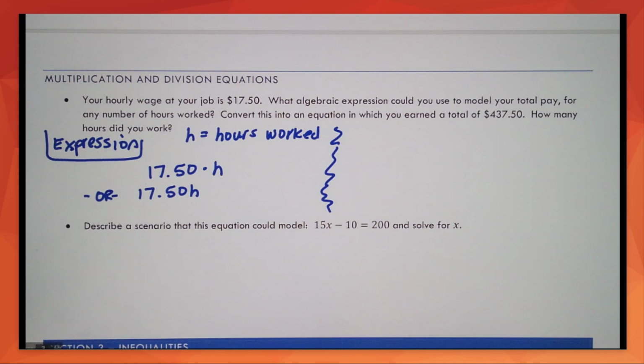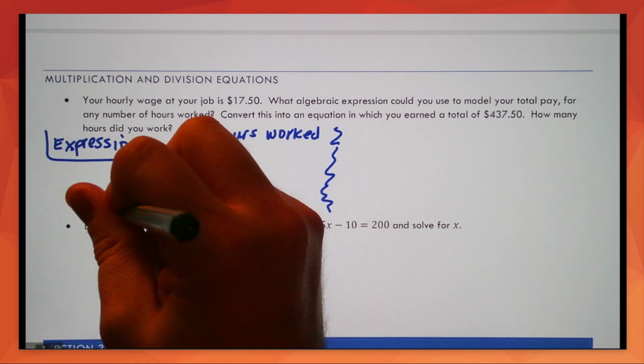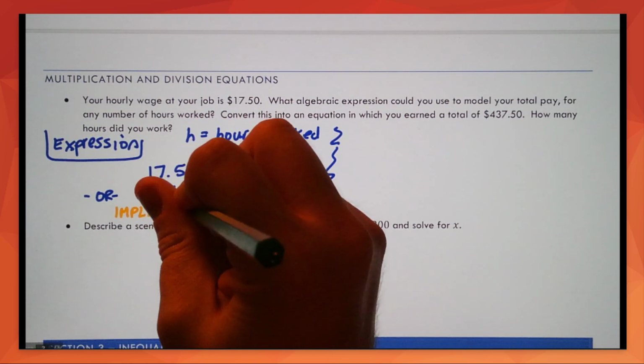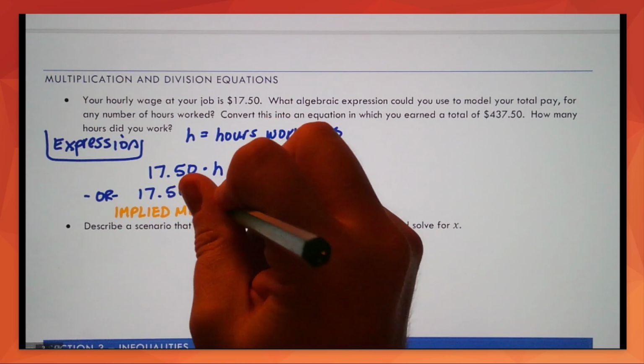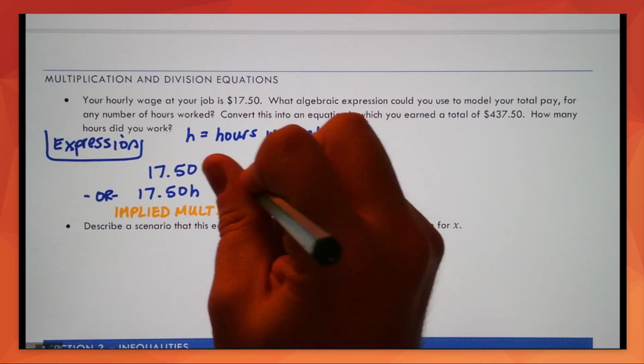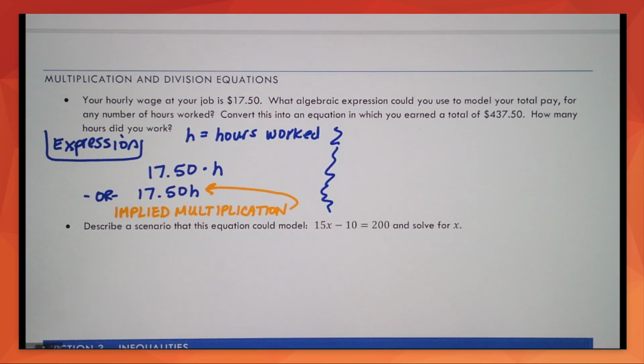It's implied that it is multiplication. It's implied that it's being multiplied because it's 17.50H. It's kind of like saying 5 apples. Or if A stood for apples, then 5A. Do you get what I'm saying? So that's why they do that. It's like a shortcut.